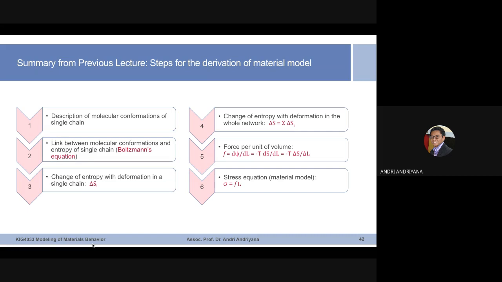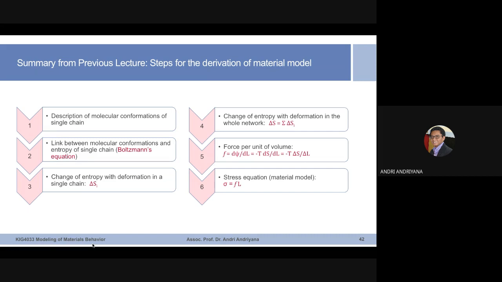Entropy, thanks to Boltzmann's equation, can be related to the molecular conformations of the polymeric chains, to the shape. In simple words, the level of disorder of the polymeric chain can be related to its shape, its conformation, and this is given through Boltzmann's equation.